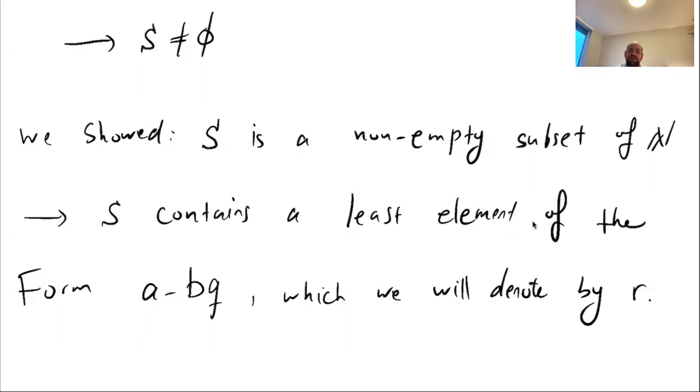Every element of S is of the form a minus bm. One of these elements is the least element. So m here could be any integer. But for one specific value of m, this number becomes the least element of S. That value of m, I'm going to call it q. And this q is the q that we are looking for.